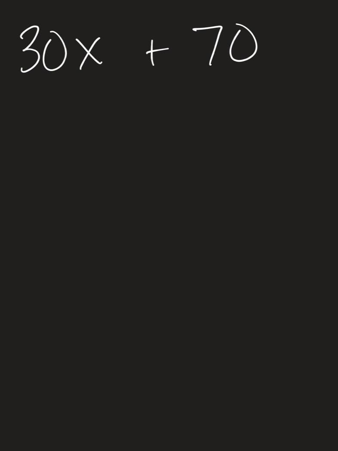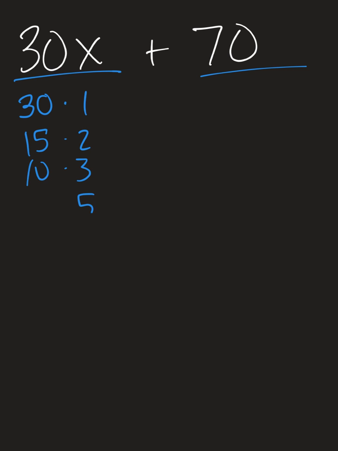All right, now we are going to work on factoring an expression. So first I'm going to do my factors of each number. I have 30 times 1, I have 2 times 15 again, 3 times 10, I already did these before, 4 doesn't work, but 5 and 6 do, and then I would cycle back around.